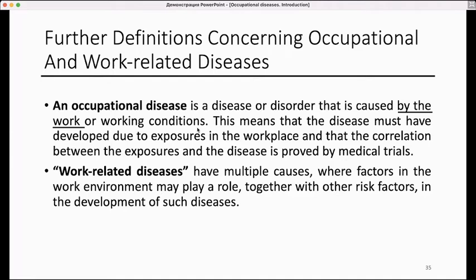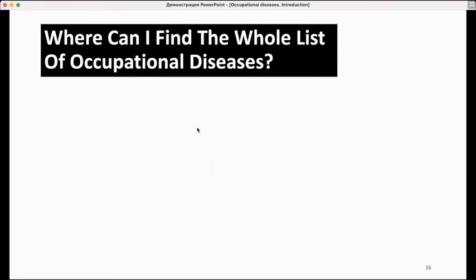This means that the disease must have developed due to exposure at the workplace, and that the correlation between the exposure and the disease is proved by medical trials. And work-related diseases have multiple causes, where factors in the work environment may play a role together with other risk factors in the development of such diseases.